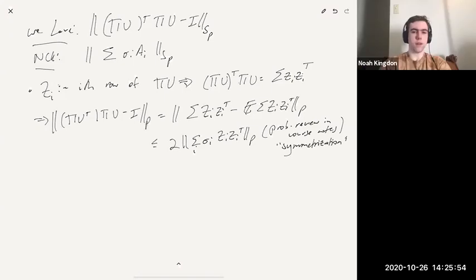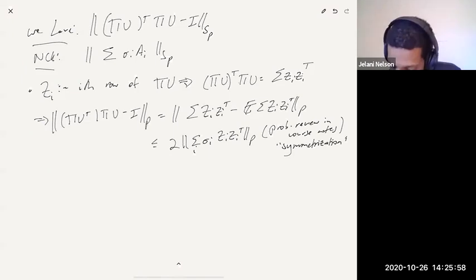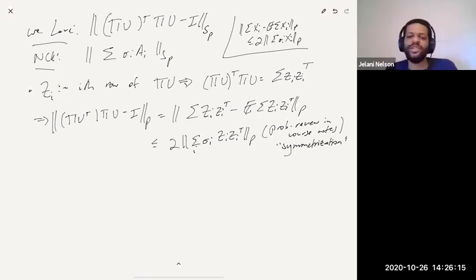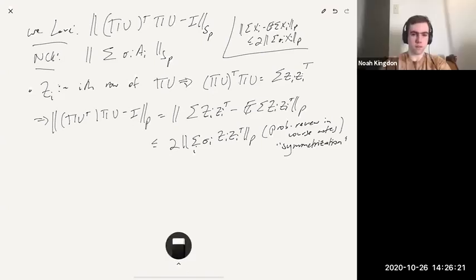So is this true for any...? Yeah, in general, if you have the p norm of the sum of X i minus the expectation of the sum of X i, it's always at most 2 times the norm of the sum of sigma i X i. Oh, sigma is still the singular values? No, sorry. These sigma i's are random signs, so I'll call them r i's.